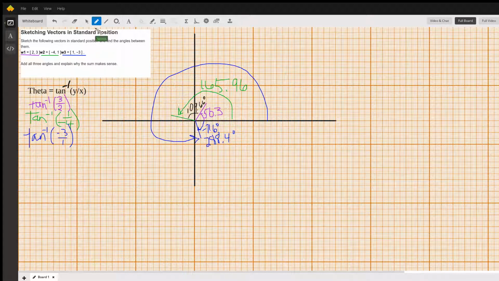So from this back to here, this is 122.4.